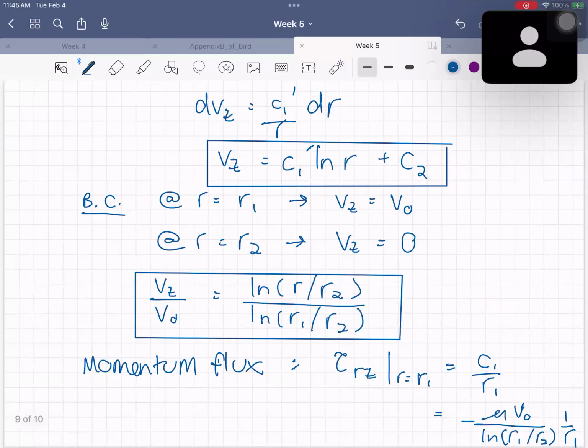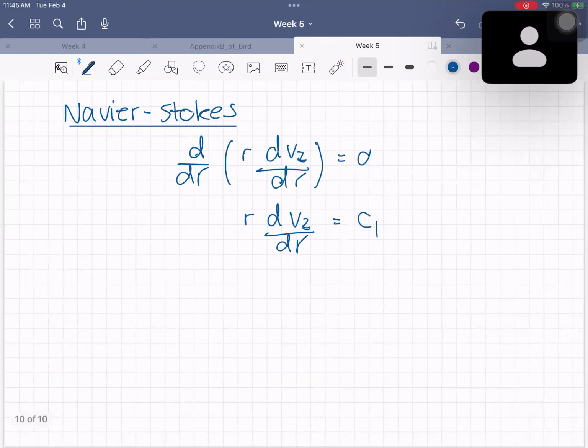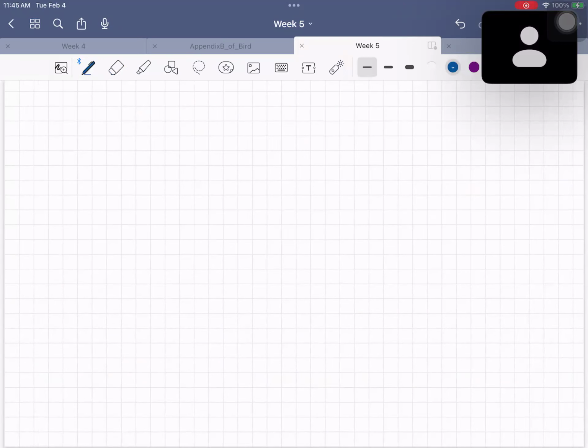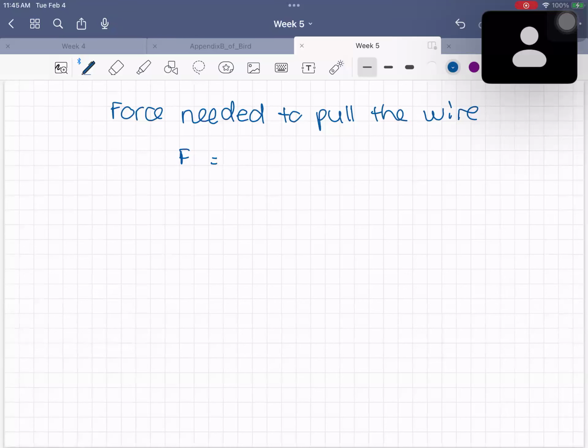What would be the force needed to pull the wire? Same approach just like the previous exercise.